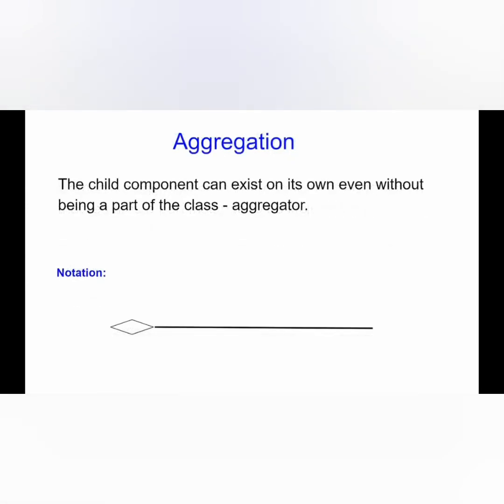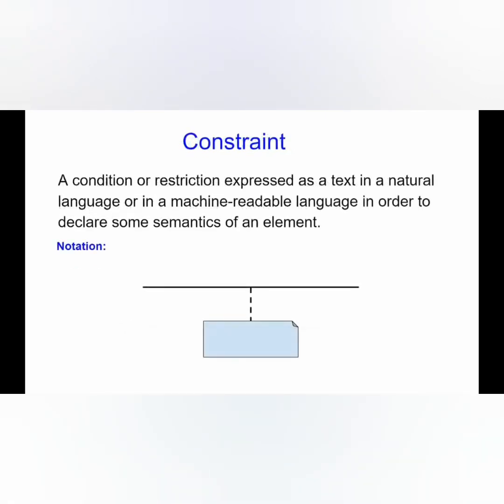Aggregation. Very similar to composition, but in this case, the child component can exist on its own even without being a part of the aggregator class. Aggregation is drawn with a hollow diamond pointing towards the aggregator. Constraint. A condition or restriction expressed as a text in a natural language or in a machine-readable language in order to declare some of the semantics of an element.